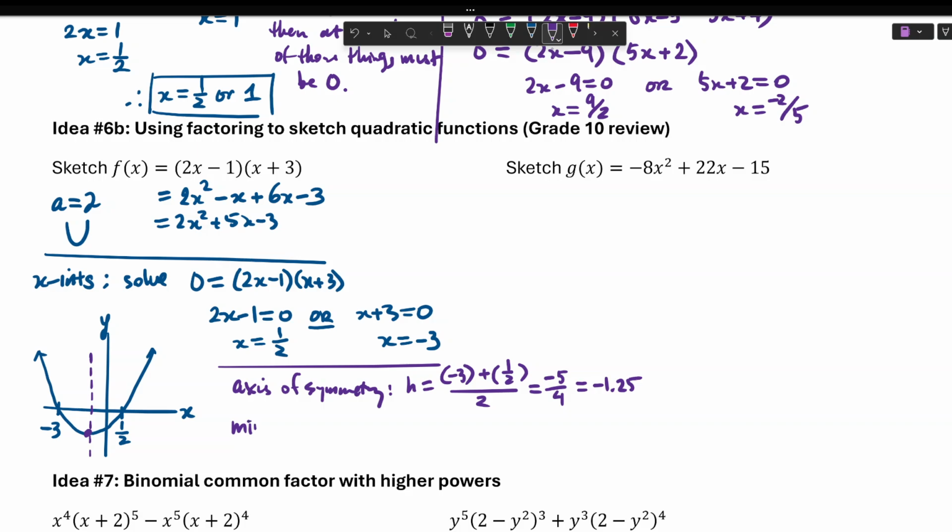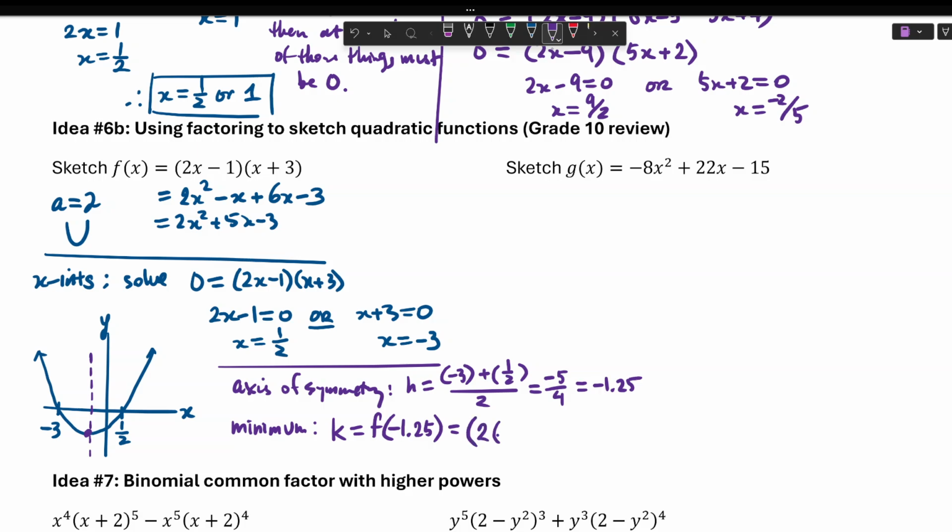And then the y-coordinate, which in this case is our minimum, you're just going to plug in this value -1.25 into the function. You can do that using any of these expressions because they're all the same.